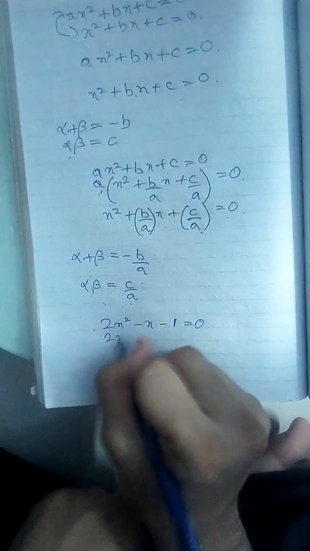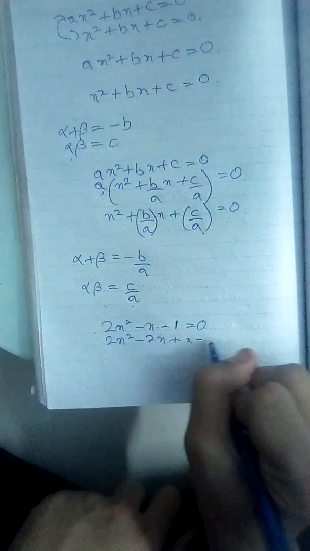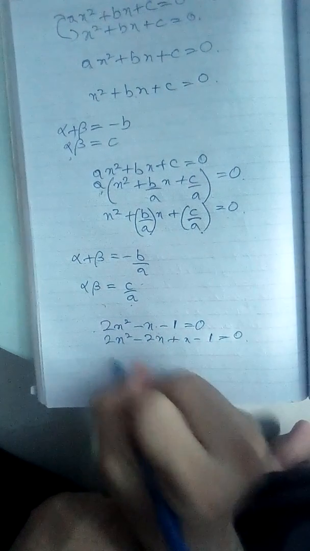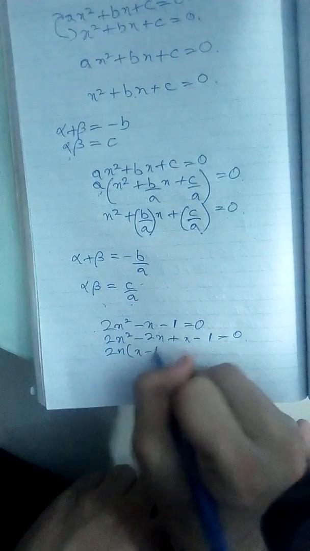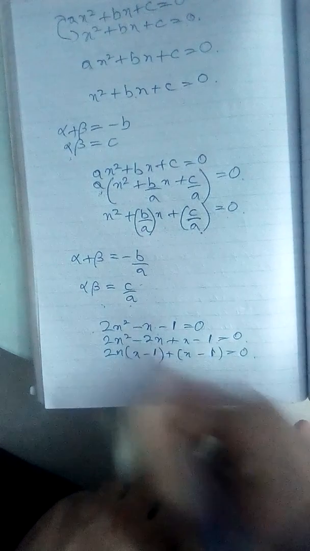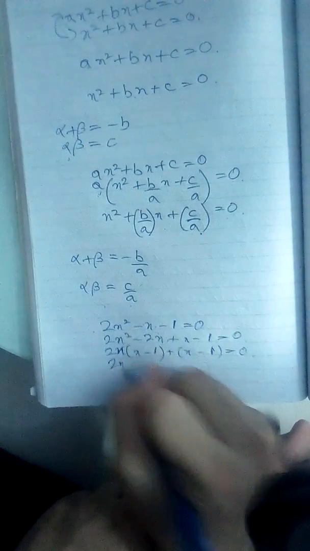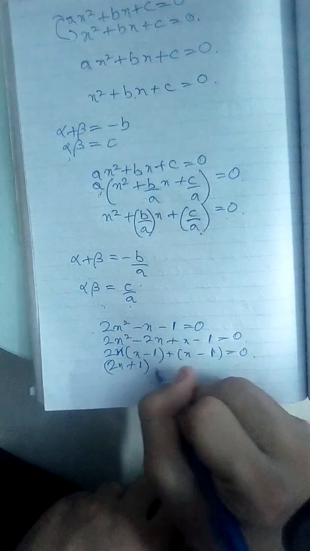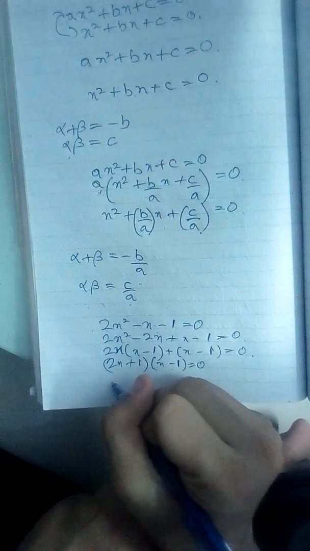Now we would be breaking the middle term into minus 2x plus x minus 1 equals 0. 2x multiplied by x minus 1 plus x minus 1 equals 0. So now we have 2x plus 1 and x minus 1 equals 0. Therefore we have the quadratic.